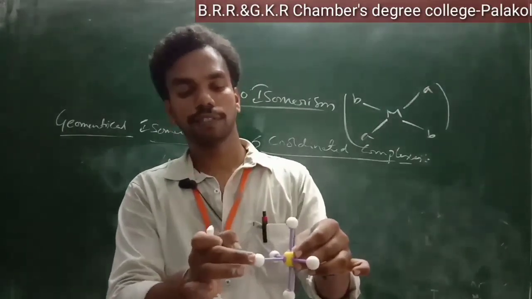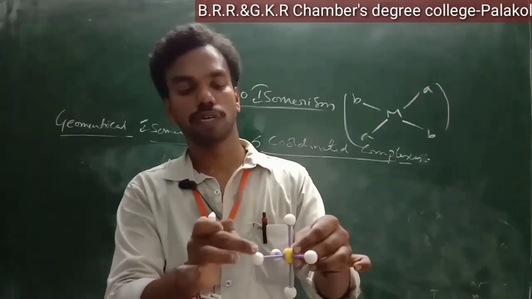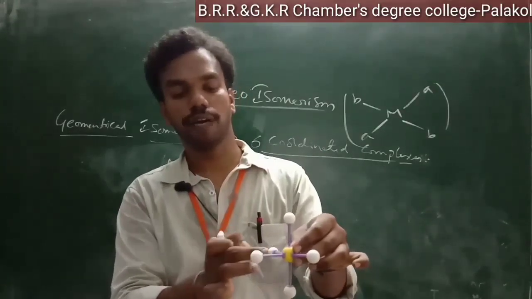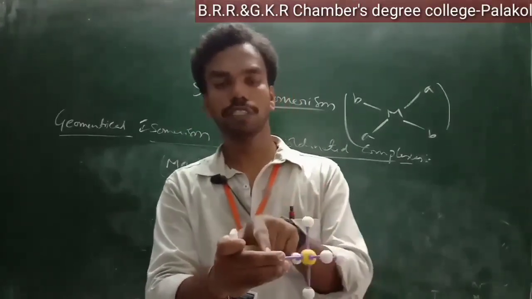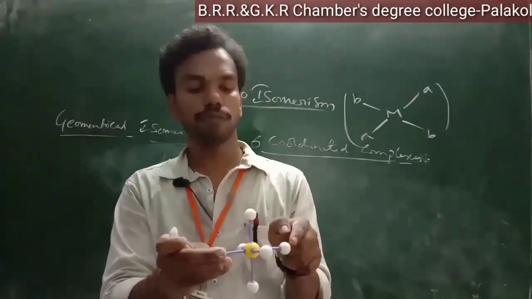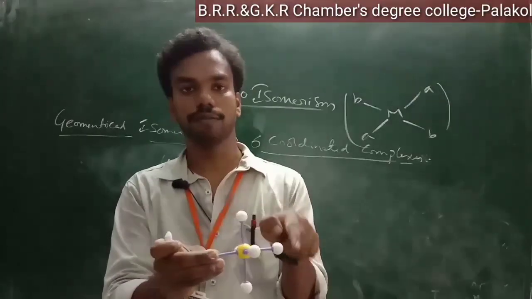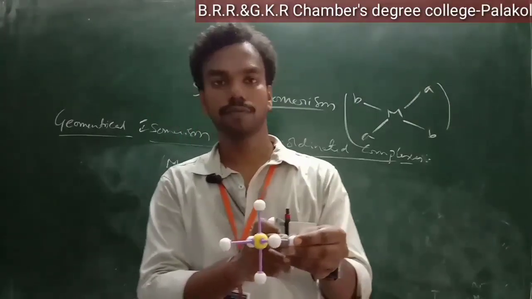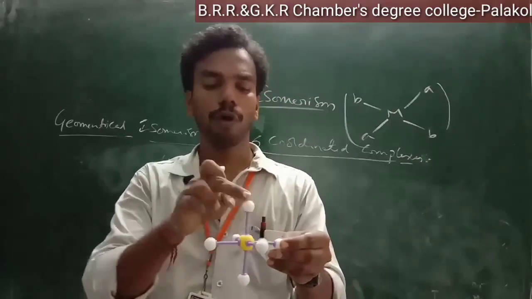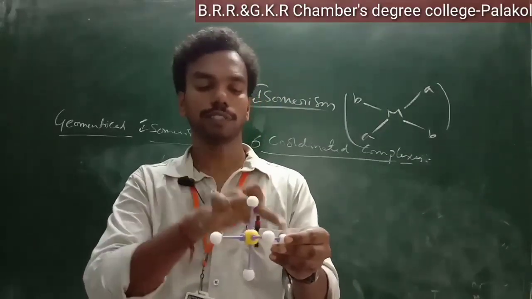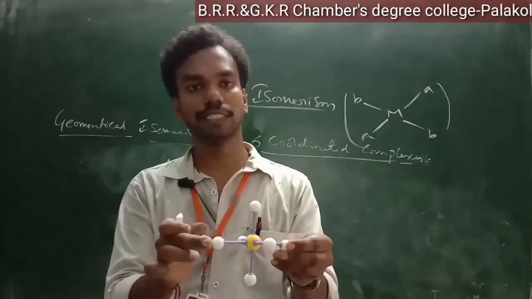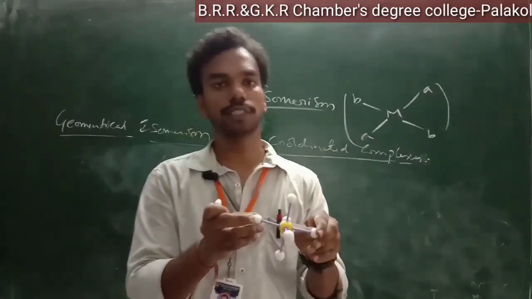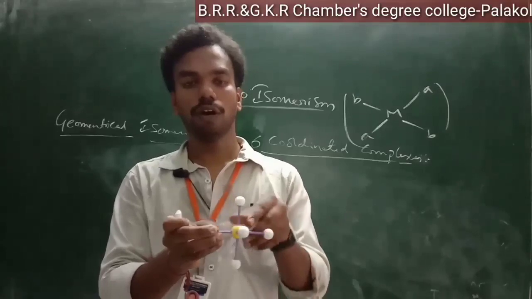So with respect to this ligand, 1, 2, 1, 3, 1, 4, 1, 5, all these 4 ligands are in cis position to this ligand, right? Now this ligand is trans to this ligand. If you take this ligand, all these 4 ligands are cis, that means 1, 2, 1, 3, 1, 4, 1, 5, and 1, 6 is trans. These are the cis and trans positions in octahedral complexes.